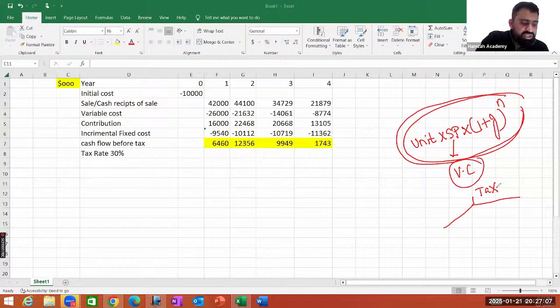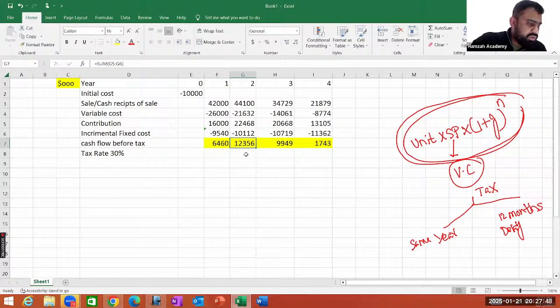The first assumption is that the tax is payable in the same year as the cash flow, or it is payable with a 12 months delay. Whichever assumption we need to use will be given in the question. Same year or with 12 months delay. Now, if the tax is in the same year, then the tax relating to the year one cash flow will be paid in year one.